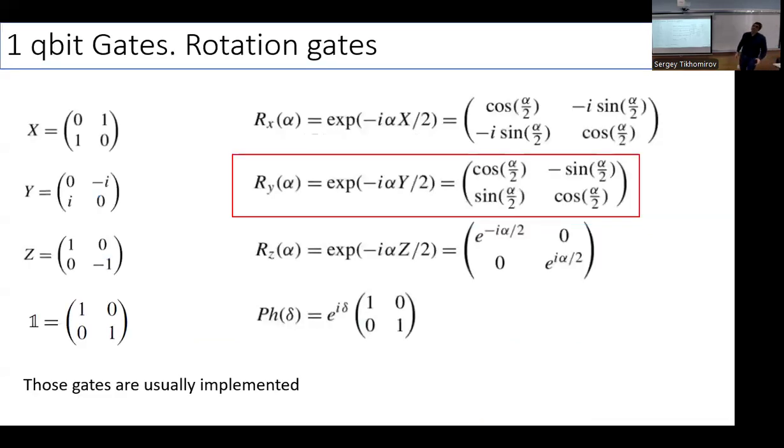Let me recall what we will use from the previous lectures. Once again, we will use rotations. Today the most important rotation for us will be rotation Y, this type of matrix. So we will rotate on the plane, a classical rotation on the plane of two real numbers. Today we will mostly work with real numbers.